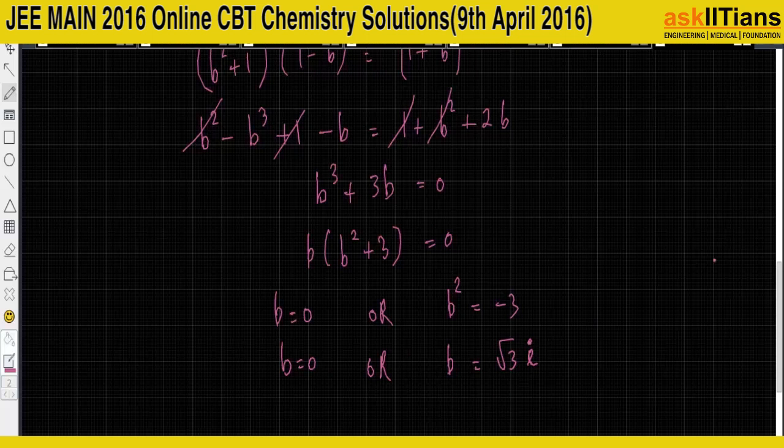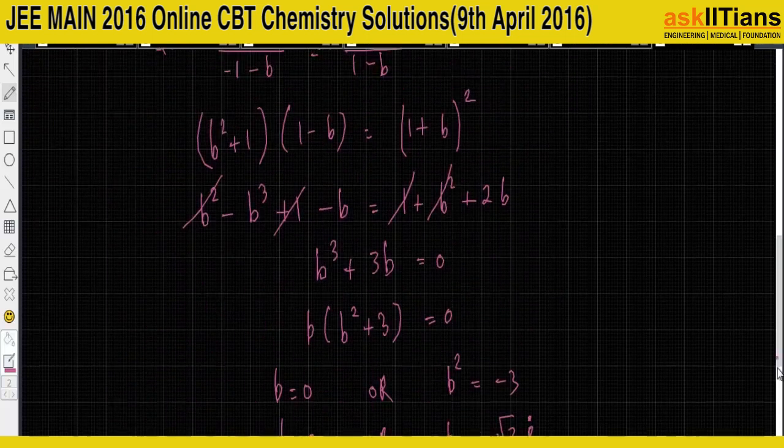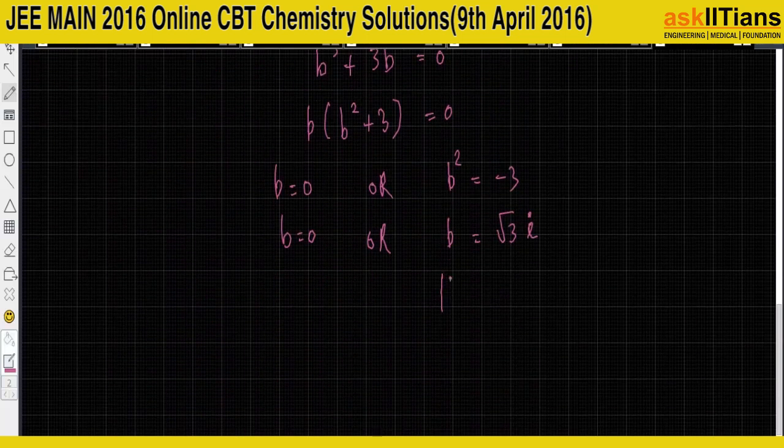Now in this question it is nowhere specified that b is a real number, right? So I'm hoping that this mod b means the modulus of a complex number. If it is the modulus of a complex number, then mod b from here will come out to be the modulus of root 3 iota.